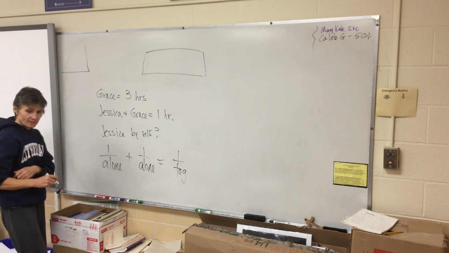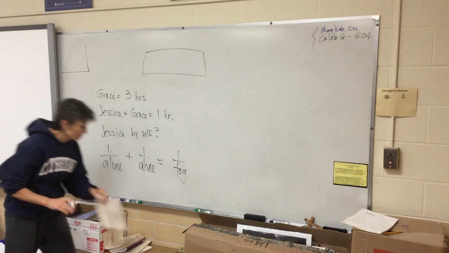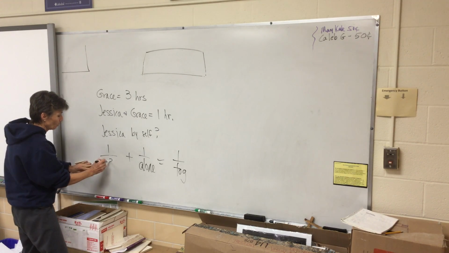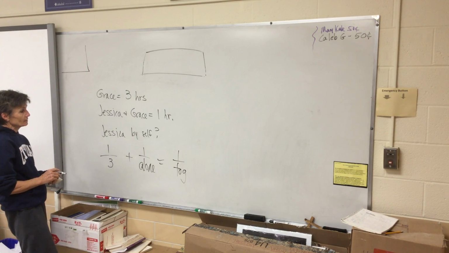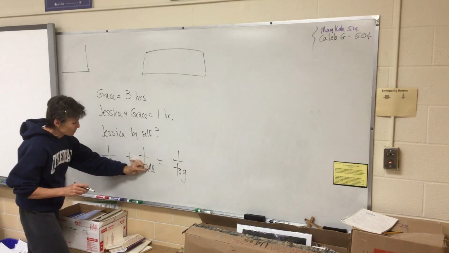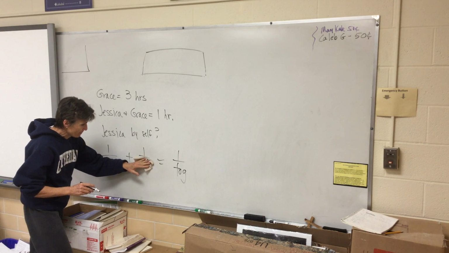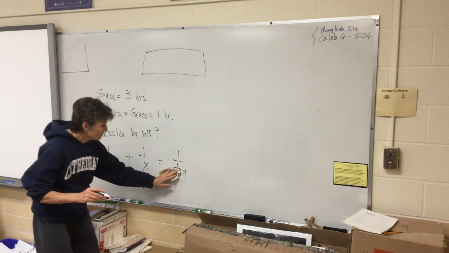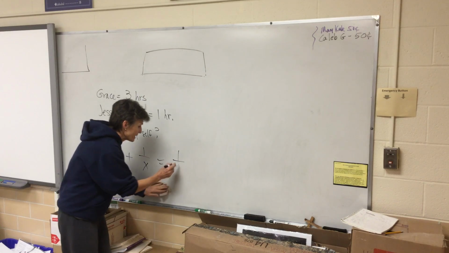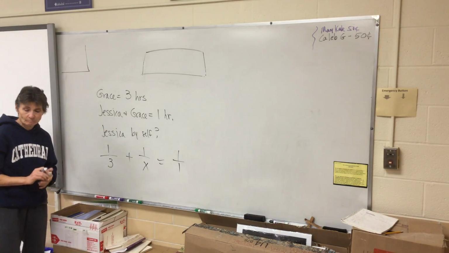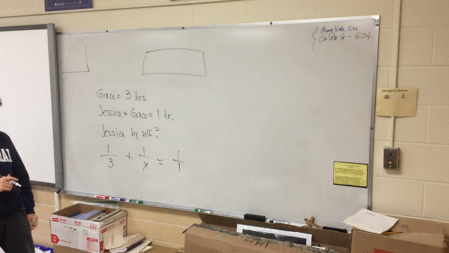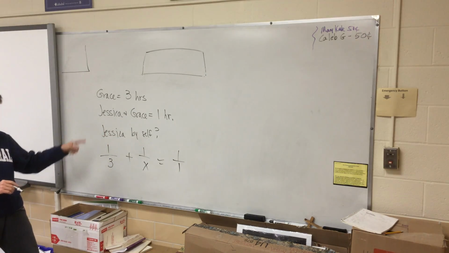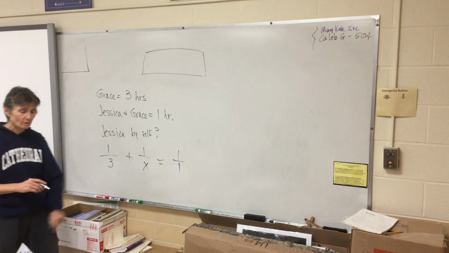So in this particular setup, I know that Grace alone is 3, so I'm going to put 1 over 3. I have no idea what Jessica's time is, so I'm going to make that 1 over x. But I know that together, it takes them 1 hour. These equations always look like this, because it's always 1 over plus 1 over equals 1 over.